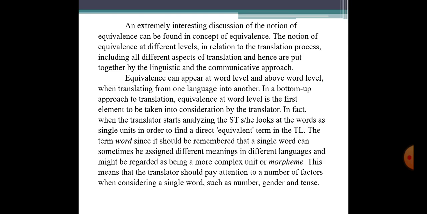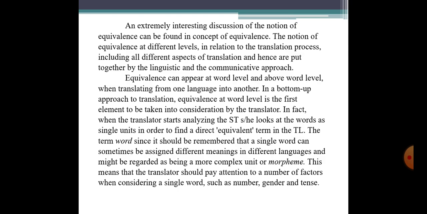In a bottom-up approach to translation, equivalence at word level is the first element to be taken into consideration by the translator, and in fact, when the translator starts analyzing the source text, he or she looks at the words as single units in order to find a direct equivalent term in the target language.